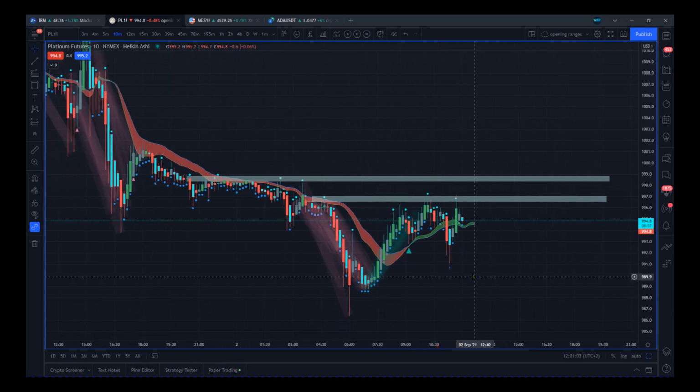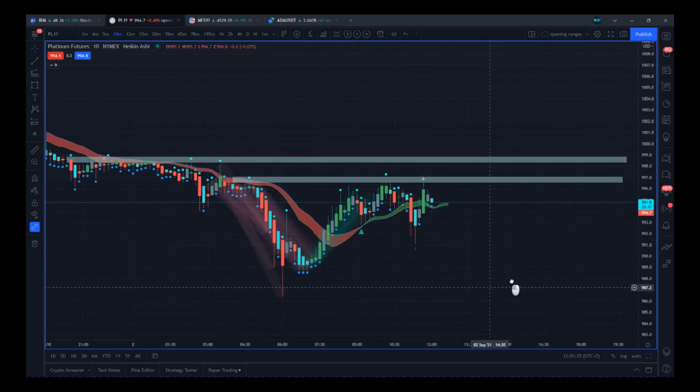And just in case it pushed up and powered through this one, we've got this big resistance zone there as well. Bottom of the zone is this pivot here. You could have gone a little lower, but the top of the zone really keeps being tested by these pivots. So that's how I identified those support and resistance zones.